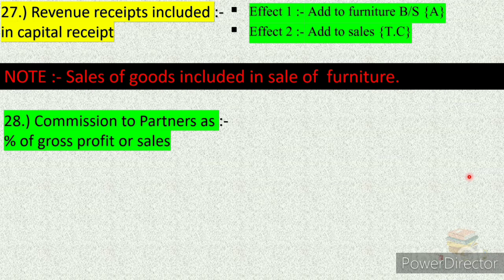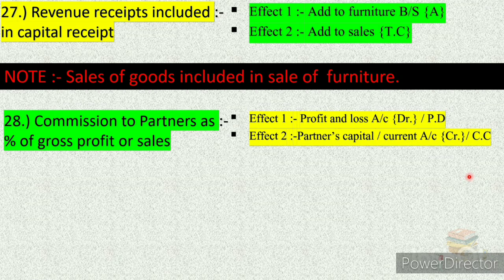That is, partner is getting commission. So two effects. Effect one, profit and loss account debit side, and second effect is partners capital account or current account credit side. Because it's partners' commission, it should be written in partners capital account below the name of the particular partner.